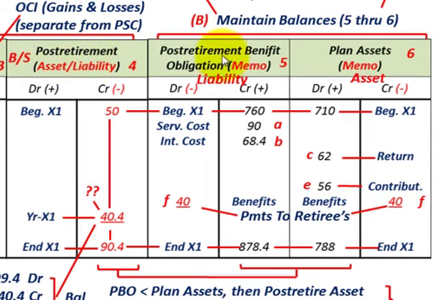But the key thing is you want to maintain your balances in this post-retirement accounting for your PBO obligation or your liability account, and then you'd have your plan assets as your asset account. And you can match up all your debits and credits that I'm showing in this example. But this is a basic example on post-retirement benefits accounting. Okay, so that'll take care of our discussion.